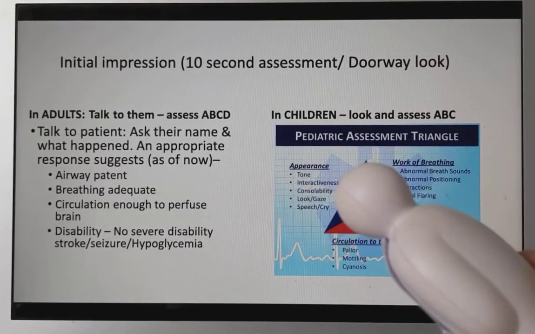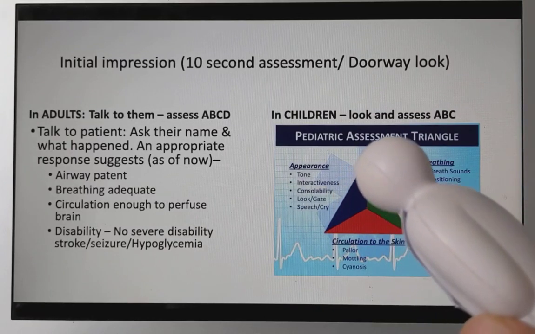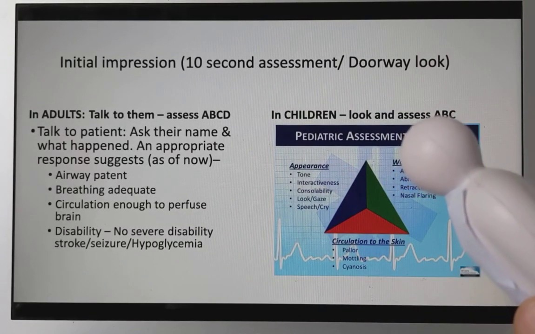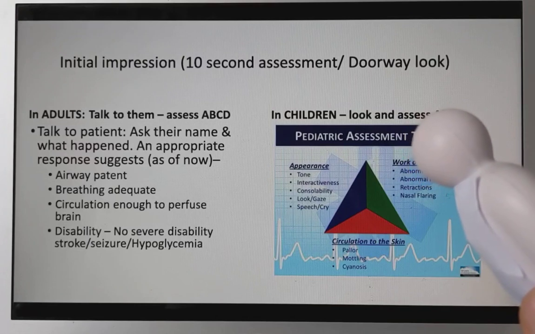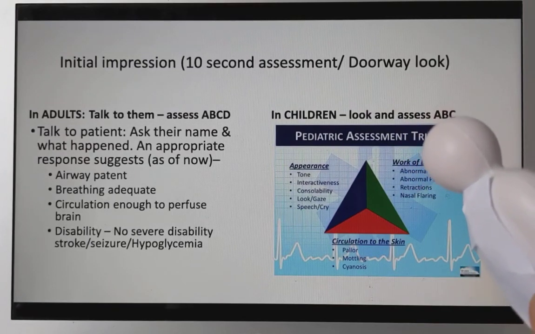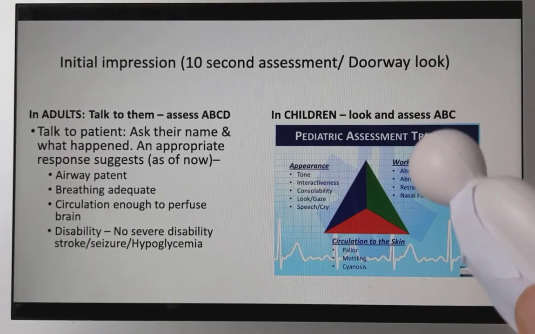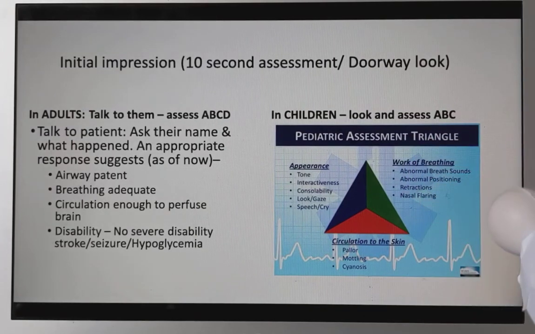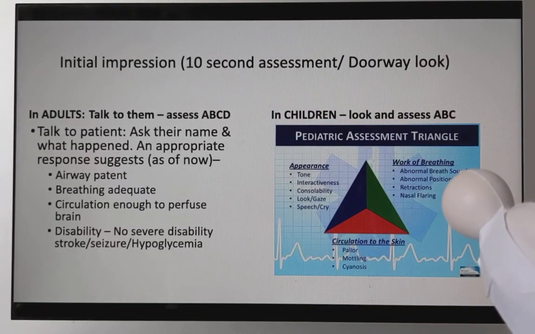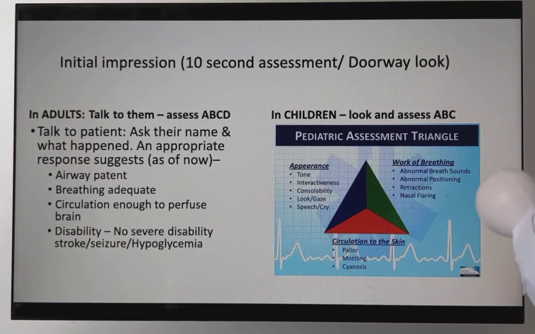However, if you feel that they are floppy or drowsy, you consider their tone and interactiveness. If they are crying inconsolably, how are they looking at people or things around them? All these things come under appearance.